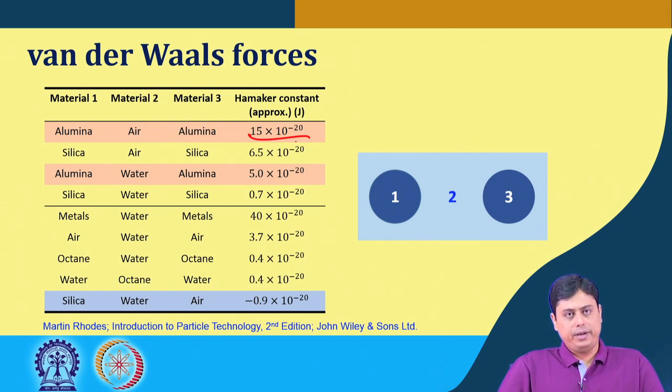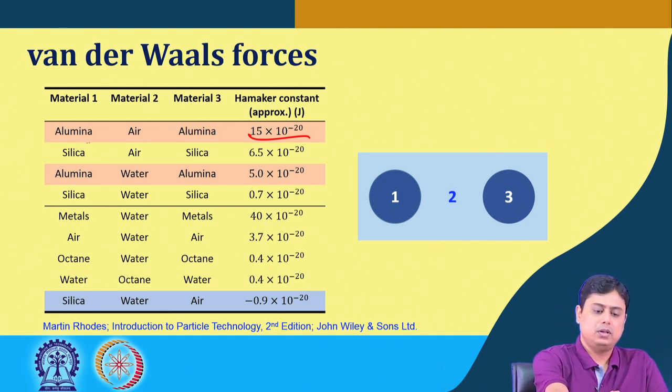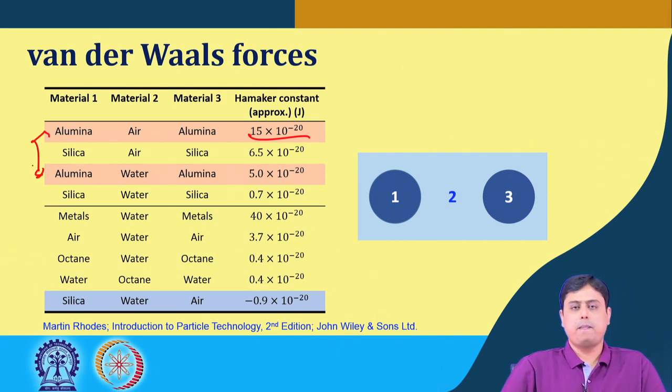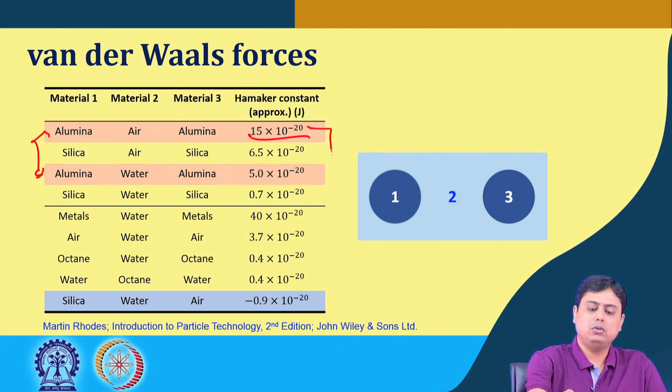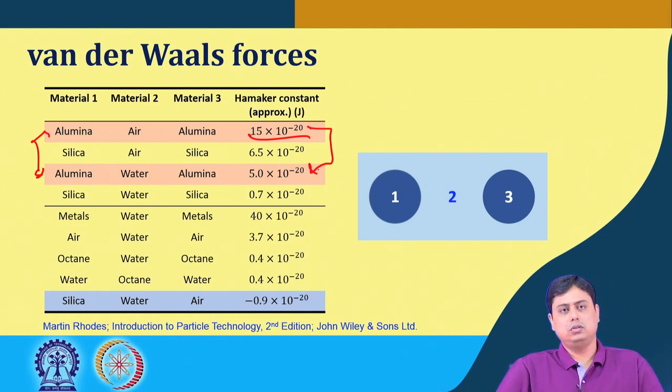The interesting point is that when we change the intervening medium, say for alumina from air to water, this Hamaker constant value goes down. It is still positive, the attraction is there, but it is of lower attractive force in practice.